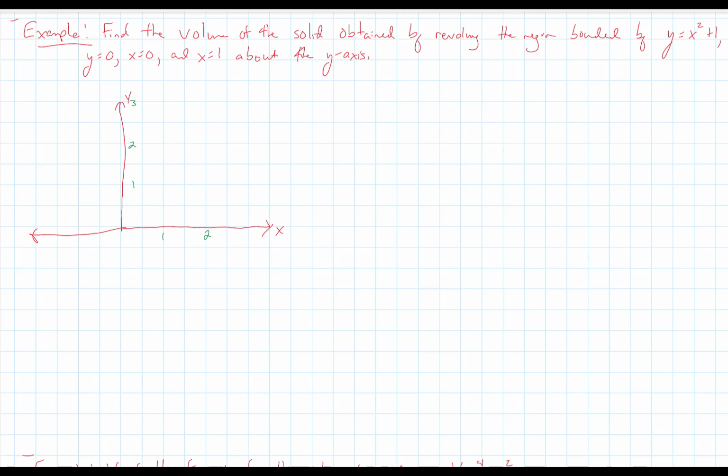And so if I sketch this parabola, I know I would have (0, 1), and then I would have (1, 2), and then I would have (2, 5), which would be off of my curve. So it's going to look something like this for that parabola, y equals x squared plus 1.